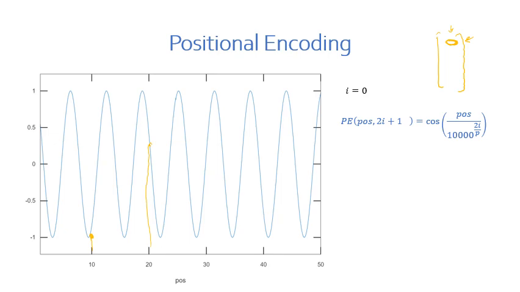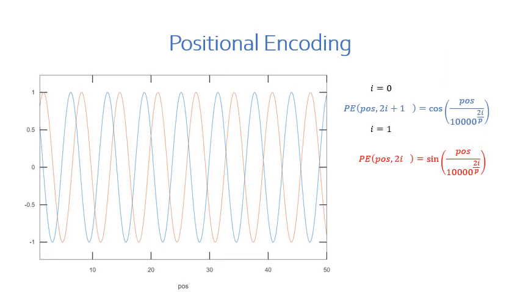So I had another function as well, which was a sine function. The red one is the sine function. The cosine function captures odd values, and the sine function captures the even values.